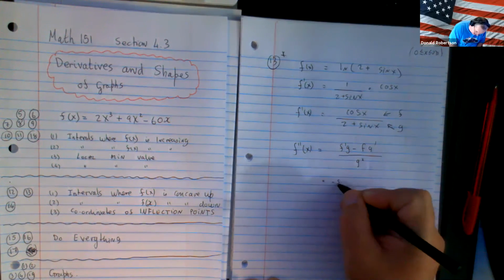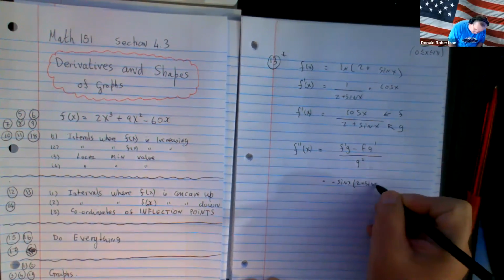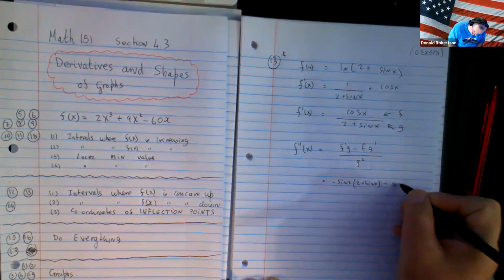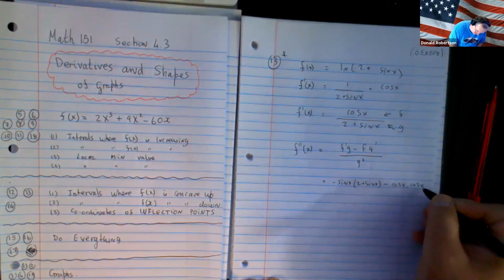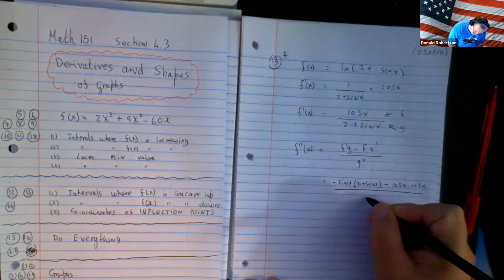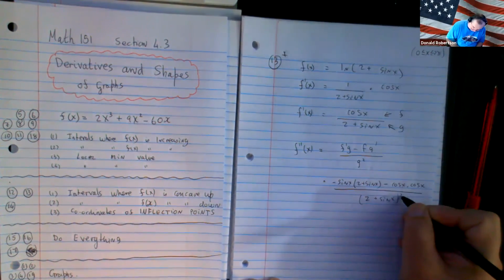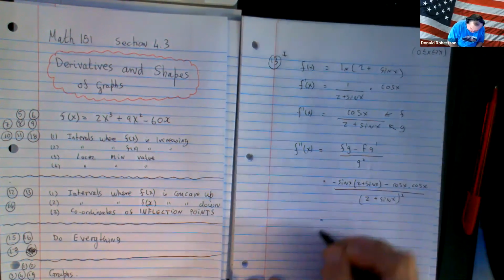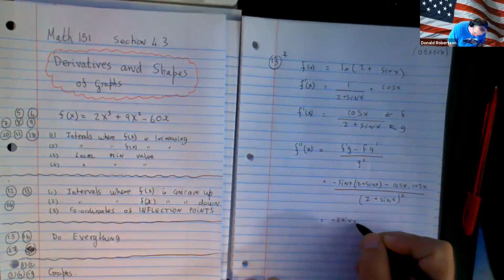So it's negative sine x times this guy, take away, leave this guy alone, and differentiate that guy. And it's all over 2 plus sine x squared. I multiply through by negative sine x.